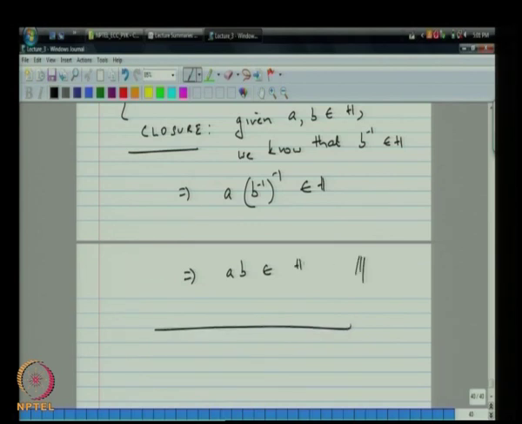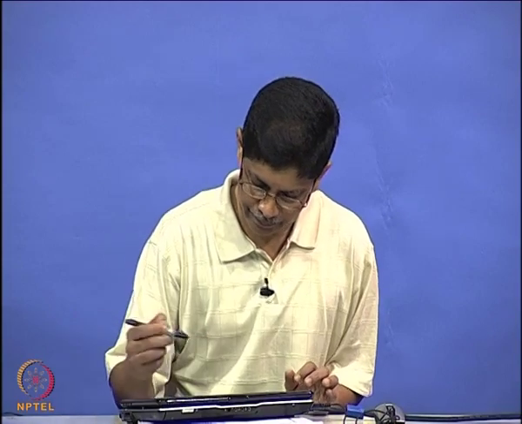That is how you take care of closure, because the inverse of the inverse is the element itself, as you can check. So, that finishes that proof.